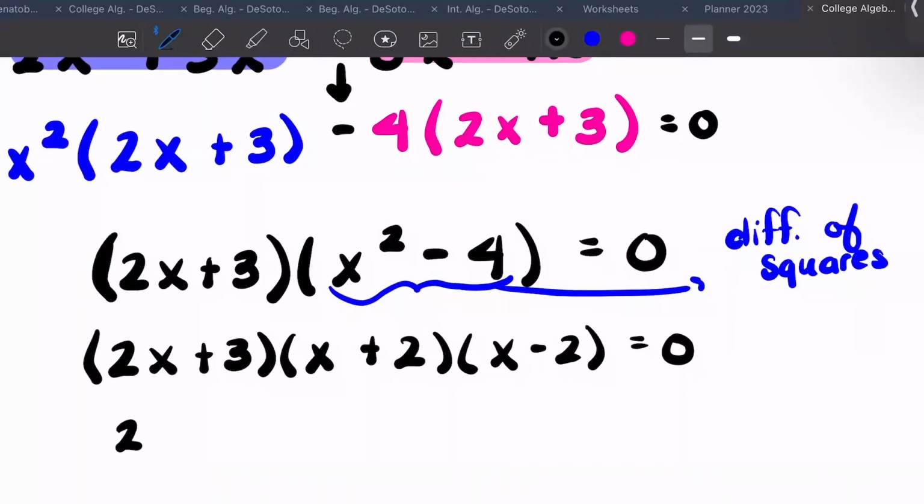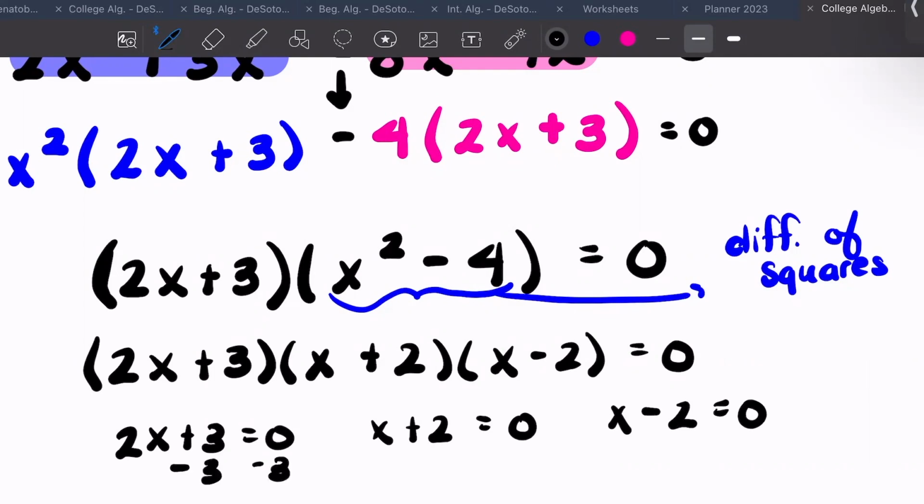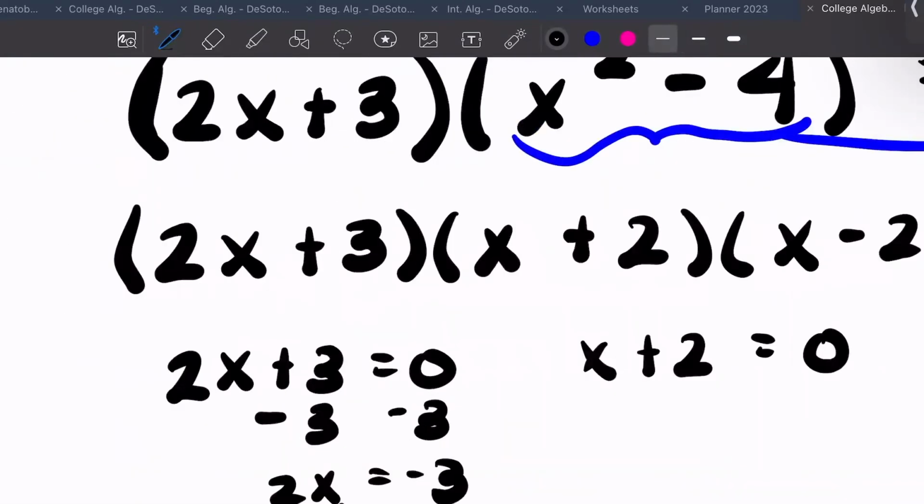So I have 2x plus 3 equals 0, x plus 2 equals 0, x minus 2 equals 0. And I'm going to solve. I'm going to say minus 3 on both sides and get 2x equals negative 3. I'm going to divide by 2, and get x equals negative 3/2.